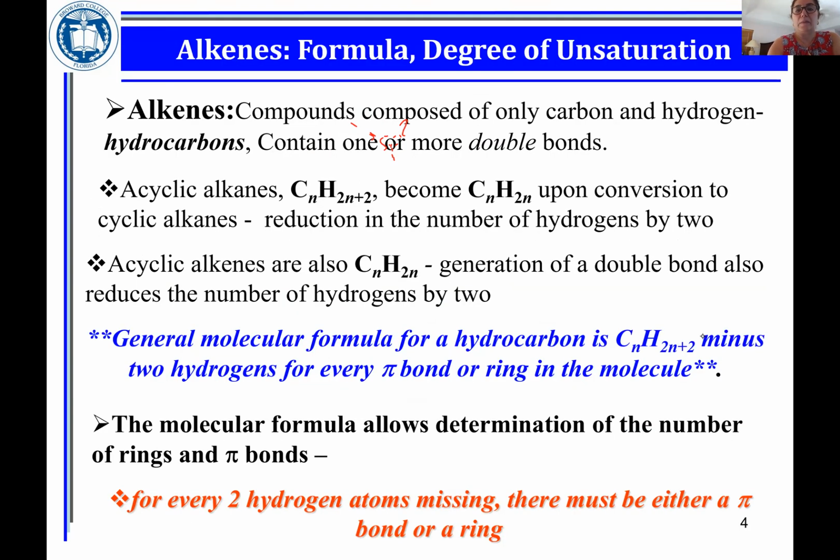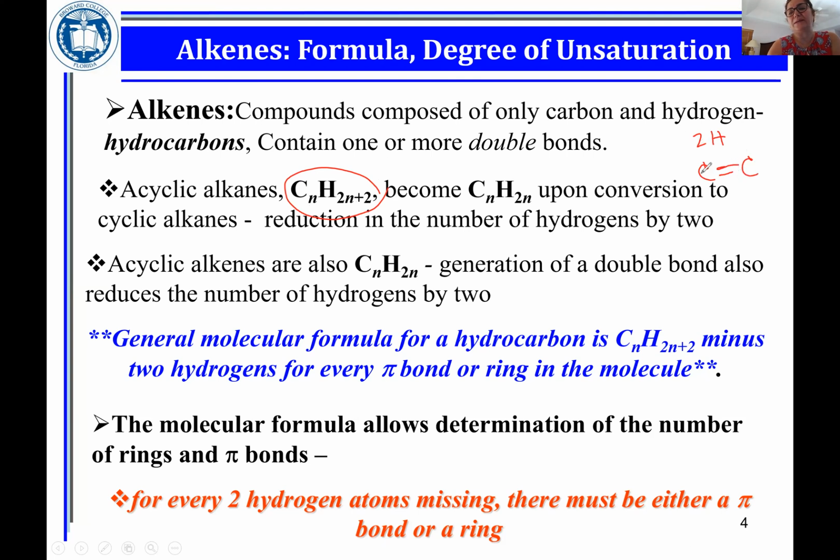For a saturated hydrocarbon, you need 2n+2 hydrogens per carbon. Every 2 missing hydrogens can count for 1 pi bond.